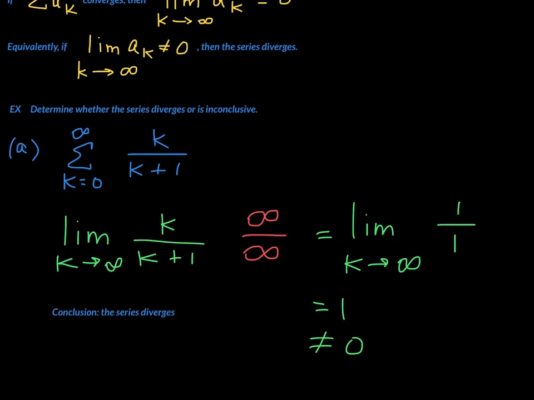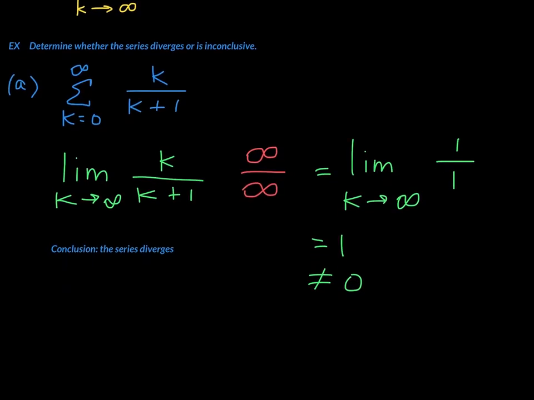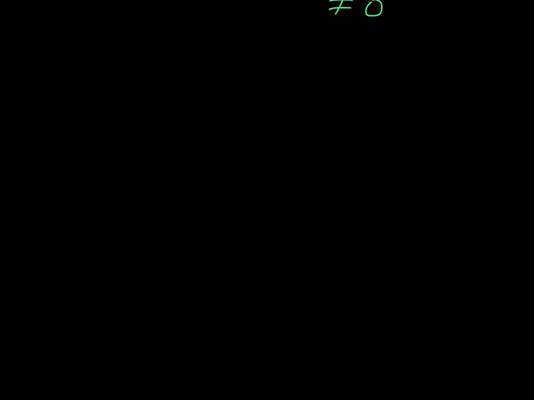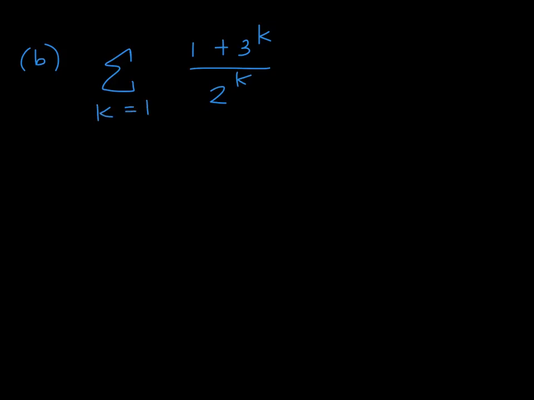All right, so that one was pretty simple. Let's look at a new example. We have now a brand new series, and it is 1 plus 3 to the power of k all over 2 to the power of k, as k goes from 1 to infinity.